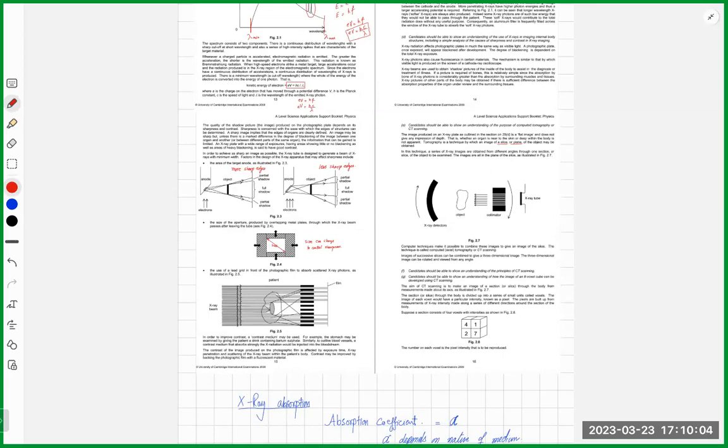So we use X-rays with a filter. The filter is supposed to take all the low energy photons out, so we will have less damage with that X-ray.